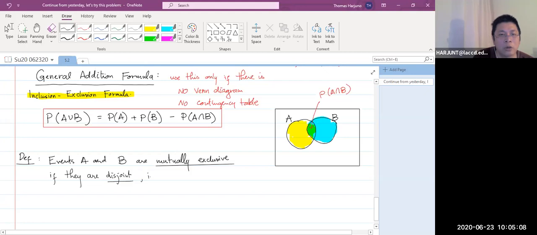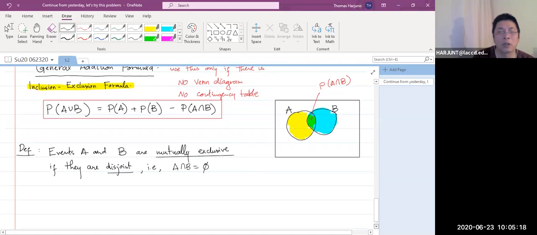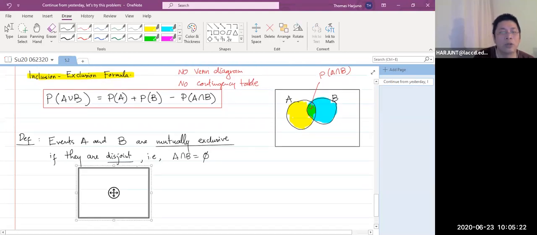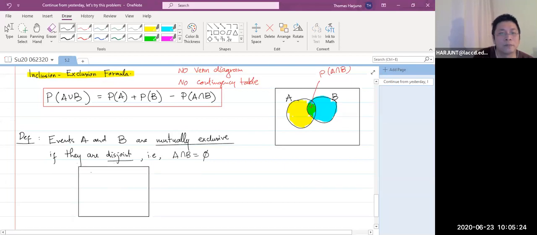In other words, A intersection B is an empty set. Pictorially in a Venn diagram, these two events are mutually exclusive if event A and event B have no intersection.